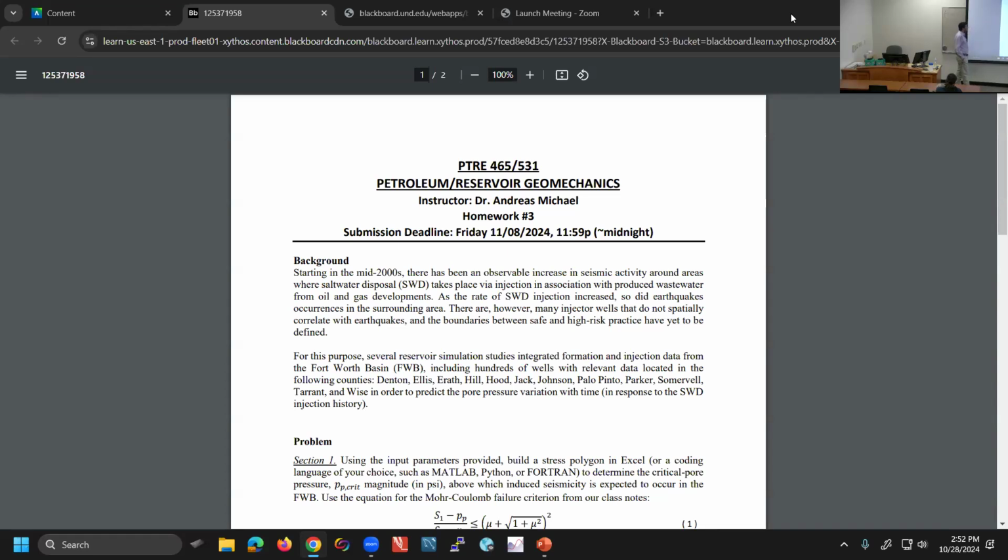As the rate of SWD injection increased, so did earthquake occurrences in the surrounding area. There are, however, many injector wells that do not spatially correlate with earthquakes, and the boundaries between safe and high-risk practice have yet to be defined.